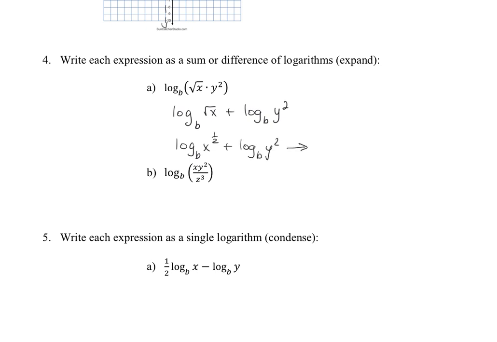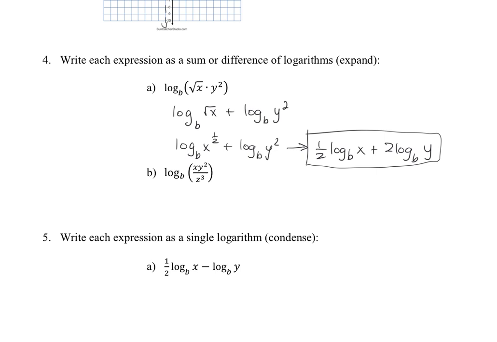And then last is the power rule to move the exponents in front of the logarithm. So we're going to have 1/2 log base b of x plus 2 log base b of y.